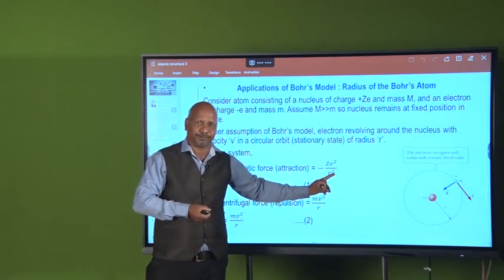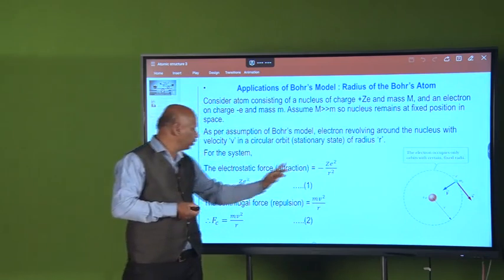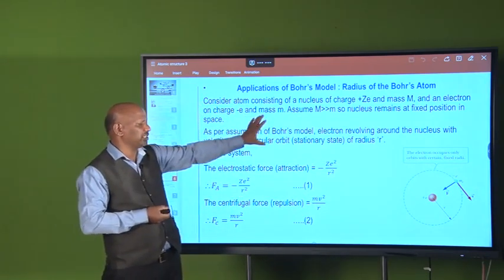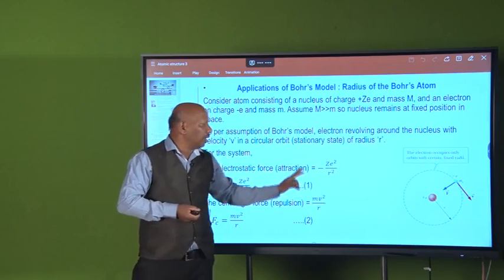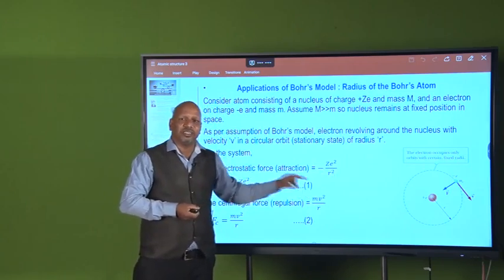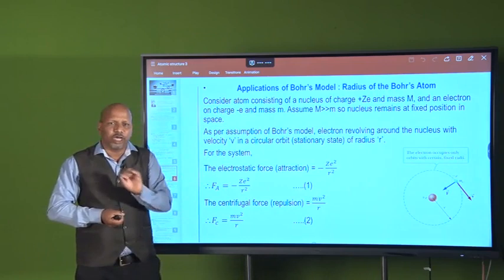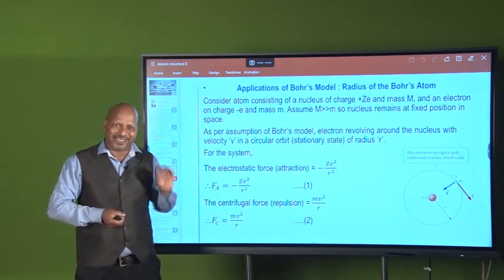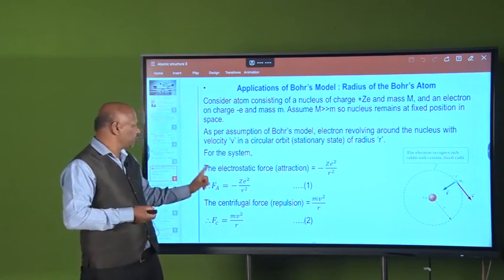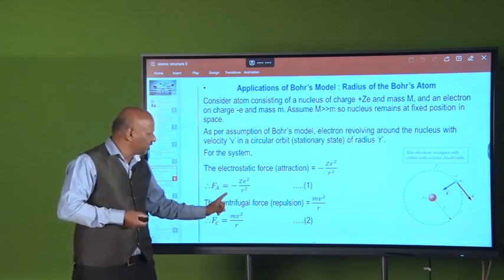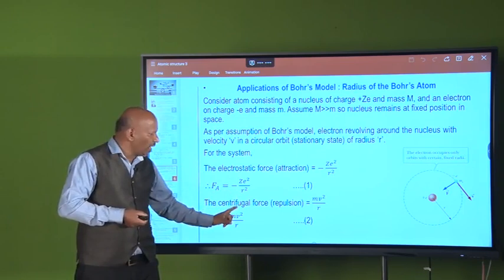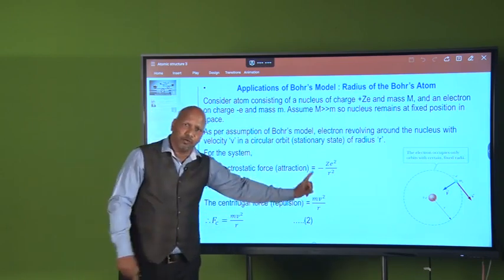Keep in mind that this is in CGS units only; we are not going to use SI units here. So Fa, the electrostatic force of attraction, is equal to minus Ze square upon r square. That is equation number 1.